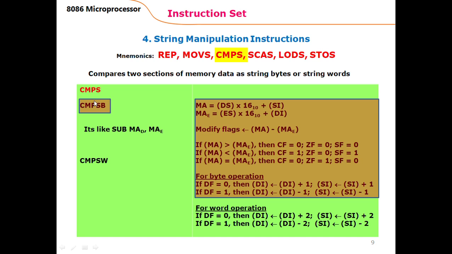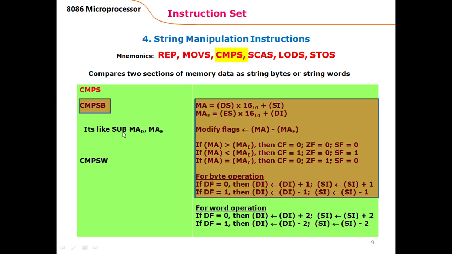Remember that compare string byte is just like SUB MAD, MAE, which is much more like CMP MAD, MAE, because with SUB the destination is affected, but in the compare string byte instruction the destination is not affected.